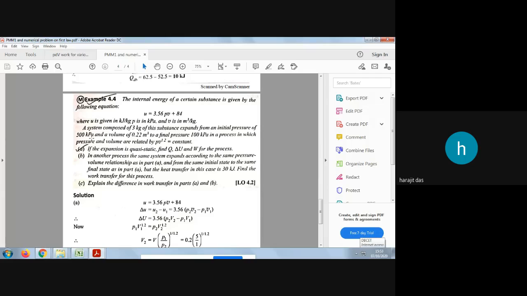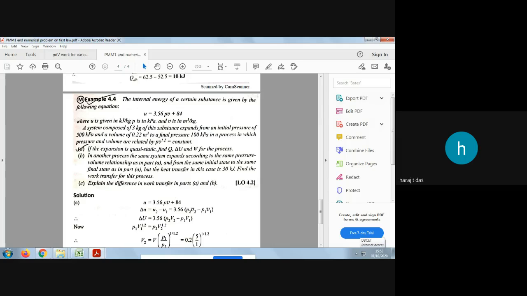Pascal is what? 1 Pascal equals 1 Newton per meter square.